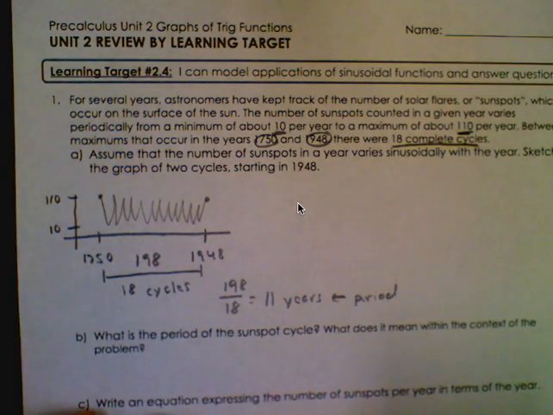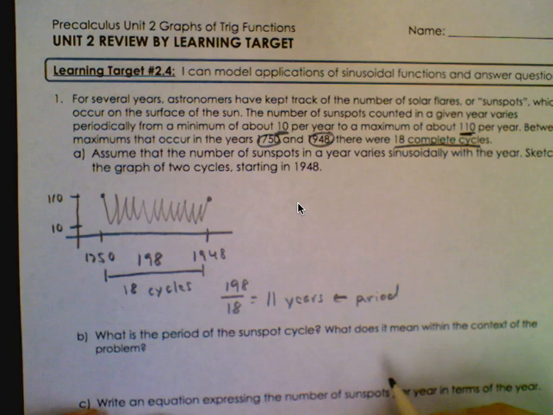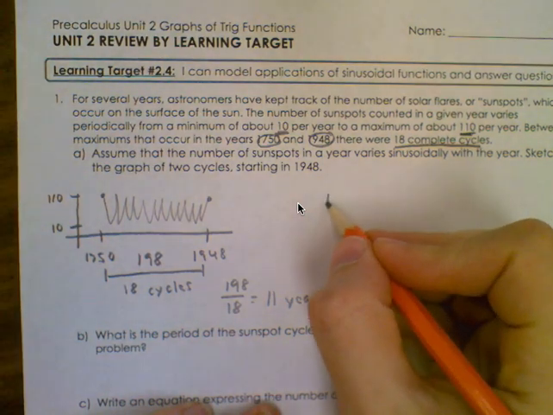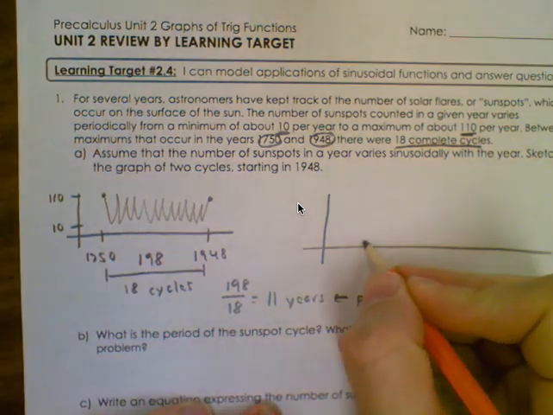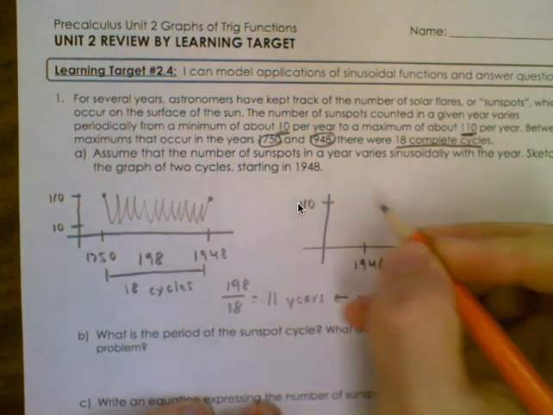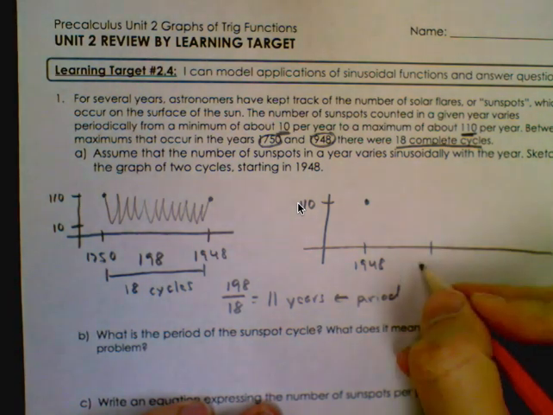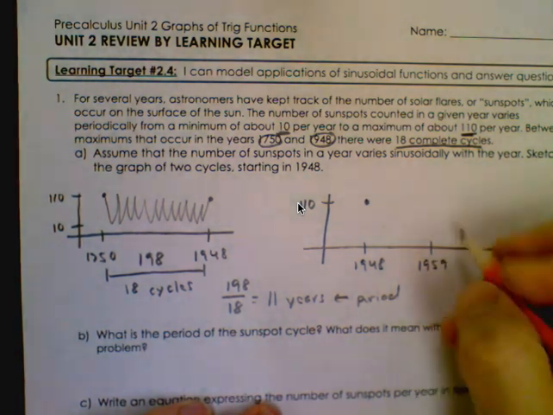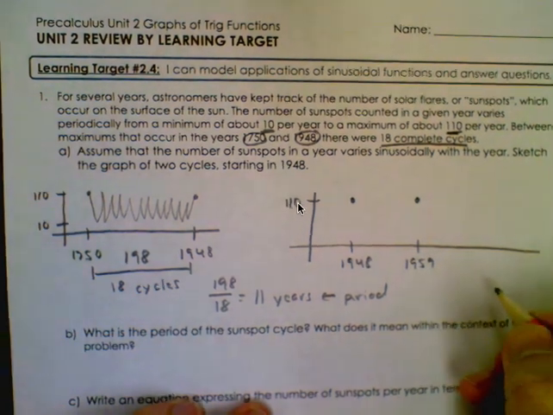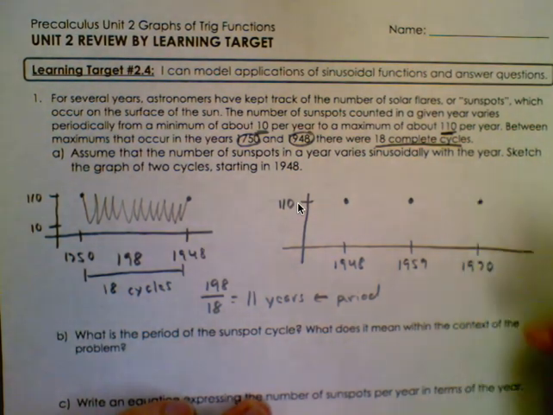And that's going to be helpful for answering the first question, which is, assuming that the number of sunspots in a year varies sinusoidally with the year, sketch the graph of 2 cycles starting in 1948. So if this is 1948, we know that it starts at a maximum. And we know that in 11 years, at 1959, we will also be at a maximum, and in another 11 years, at 1970, we will still be at a maximum.